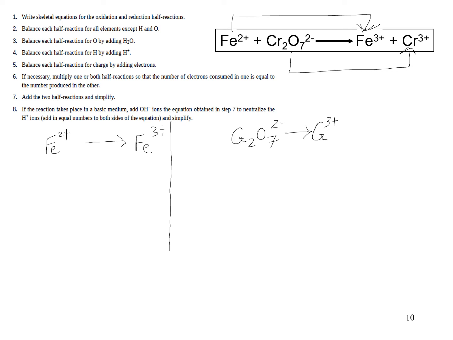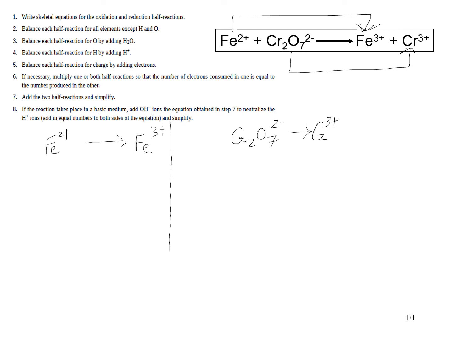Next step is to balance each half reaction for all elements except the hydrogens and oxygen. So let's do that. What is the other element here? Iron. Is it balanced? I have one in the reactant, I have one in the product. So this side is balanced. The second half reaction is Cr2O7. There's Cr and there's oxygen. I'm not going to balance oxygen right now. I'm only going to focus on Cr.